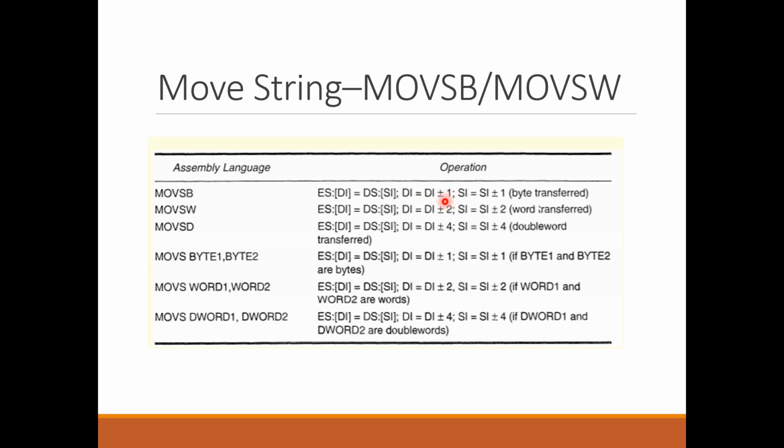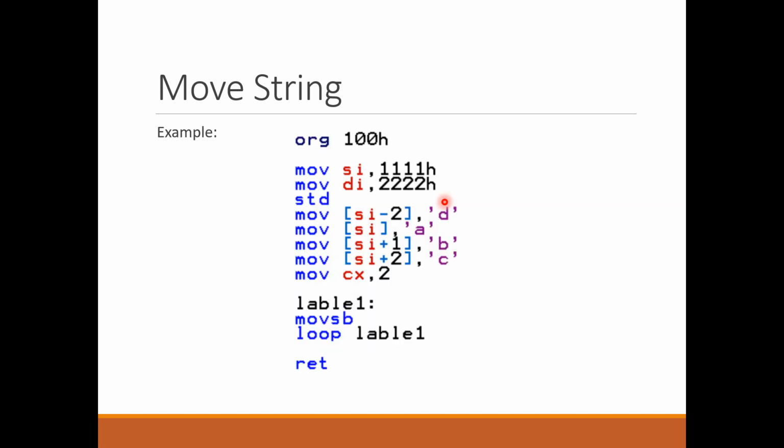Let's go to an example of moving a string, and let's see how this example works. Let's evaluate this program and what's going to happen here. Before doing everything, we need to specify the offsets of the source operand and the destination operand, or the source string and the destination string.